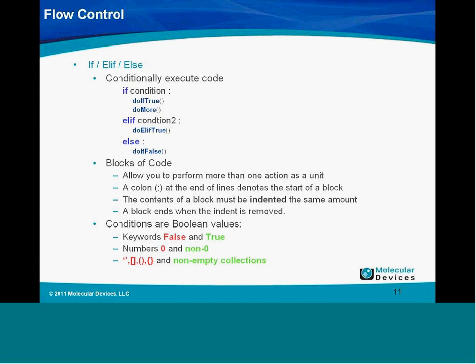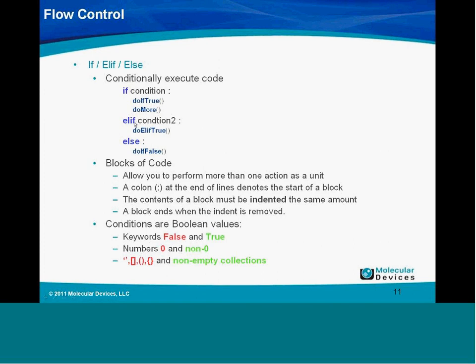It provides the keyword if. You provide some condition that translates to a true false value. If it's true, you're going to perform the actions that come next. If it's false, it's going to fall through to the next category.